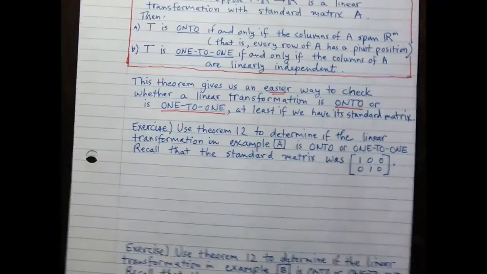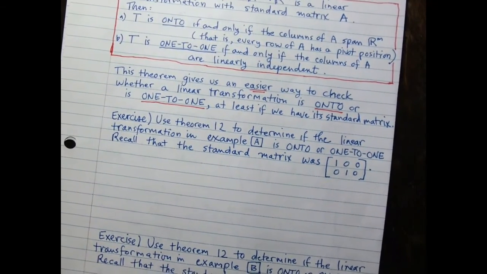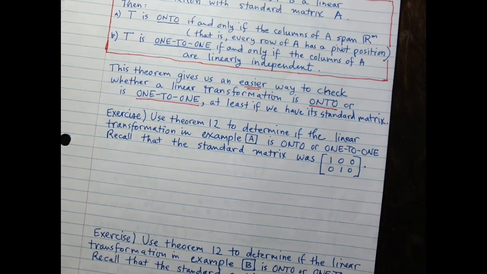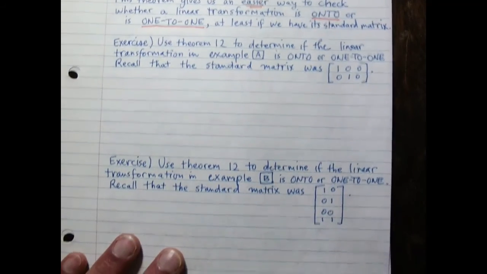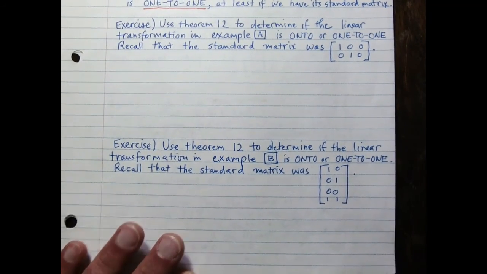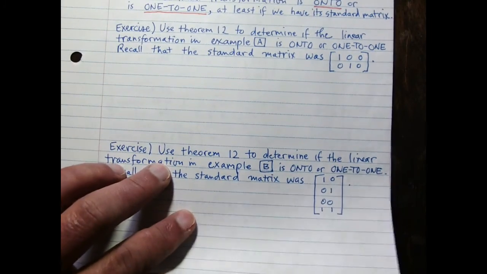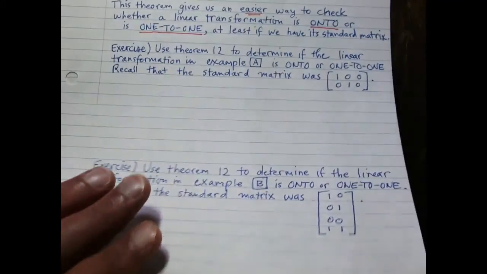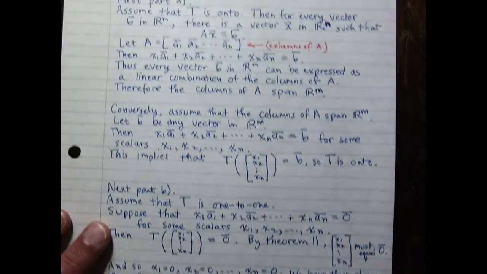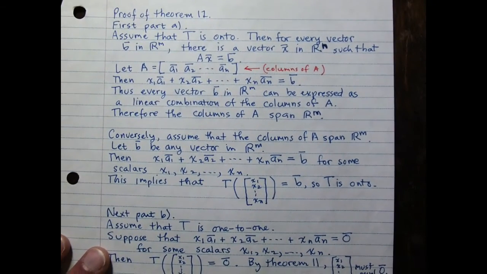Now we're just about through with this 1.9 handout. These 2 exercises are really straightforward once you see how to do them, but it's really important to know how to apply Theorem 12 in these situations. The last page of the handout is the actual proof of Theorem 12. I'm not going to go through that with you.